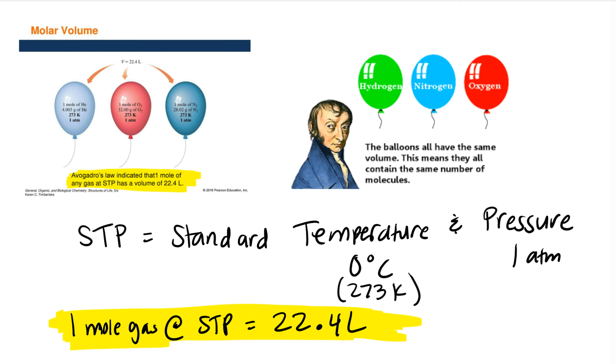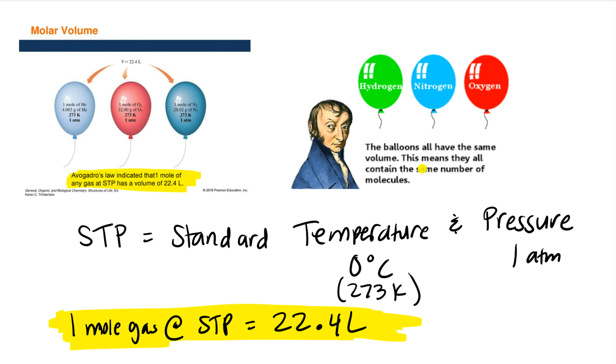Again, it does not matter the identity of the gas. As long as that gas is at STP, we know the ratio of moles to liters is 1 mole to 22.4 liters. Here in this diagram with our dude Avogadro, the balloons of hydrogen, nitrogen, and oxygen all have the same volume.